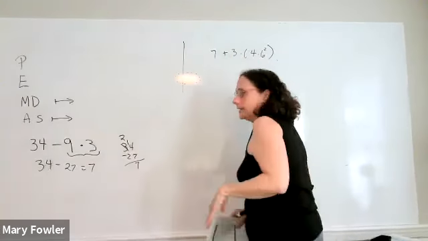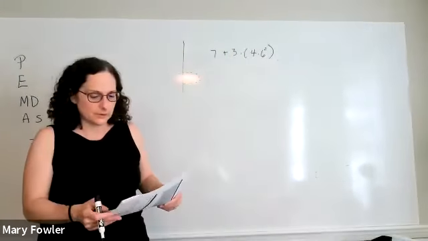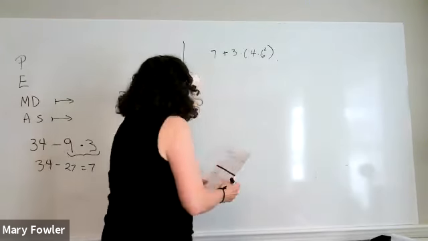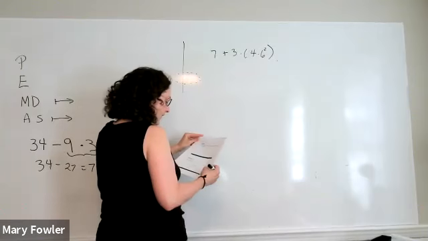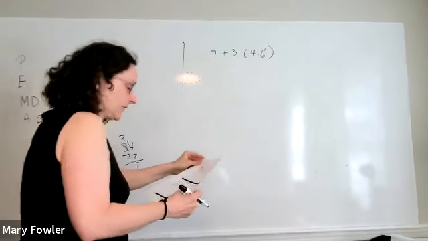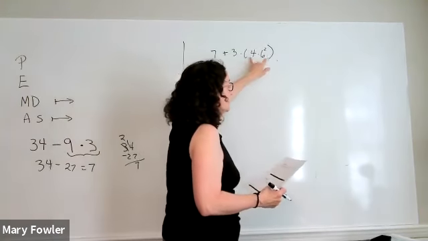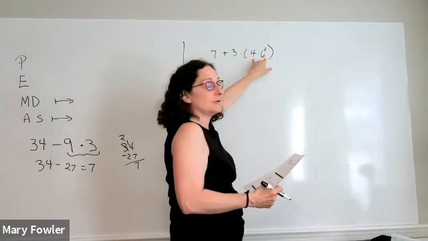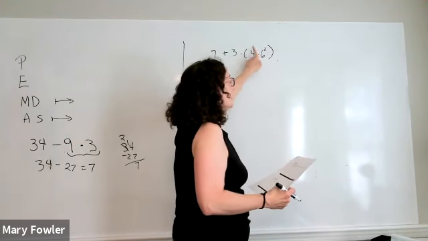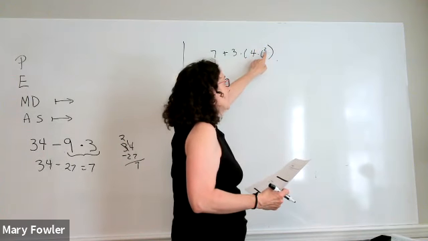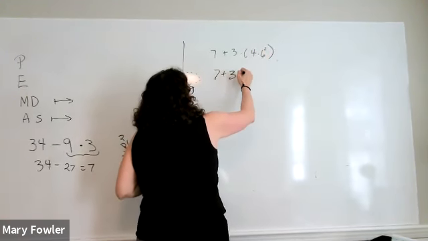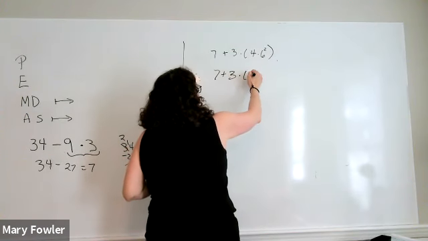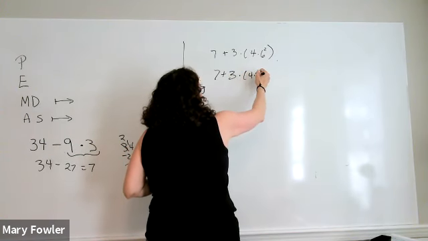So we really get to go through the whole list here. All right. And the first thing that we should do is the parentheses. So we go over to the parentheses to solve them first. So when we look inside the parentheses, we have to see what's needed to be done, and what we have to do here is the exponent inside the parentheses. Okay, 6 times 6 is 36.